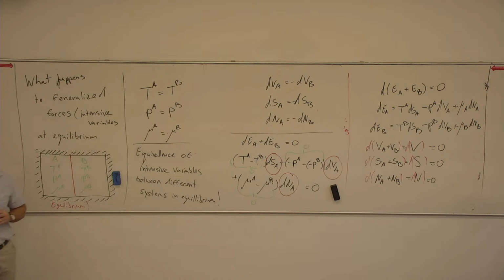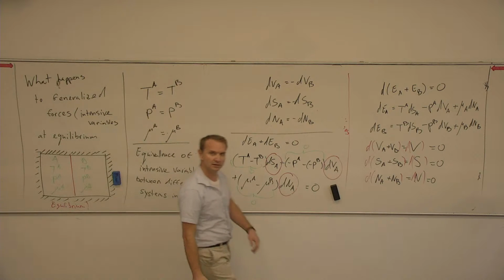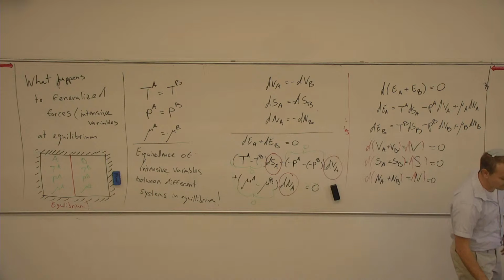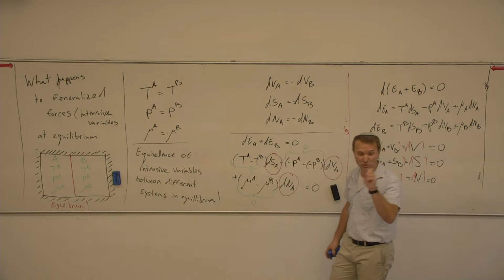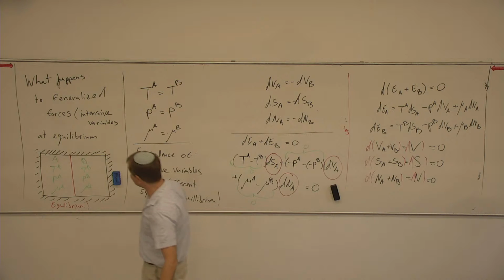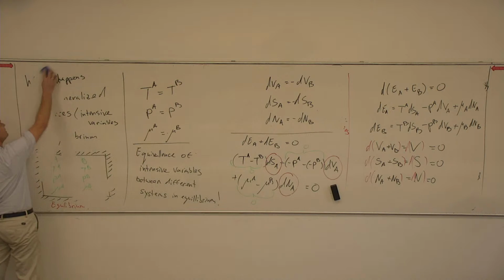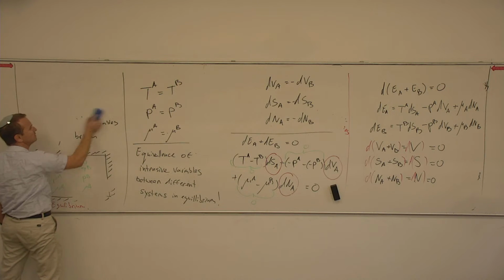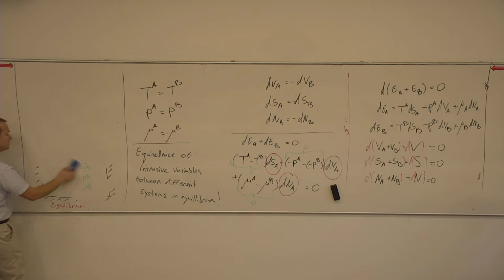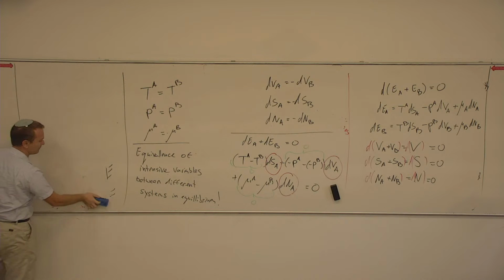So if we have two different systems in contact, and those two systems are in equilibrium with each other, all the intensive variables of those two systems are going to be exactly the same.